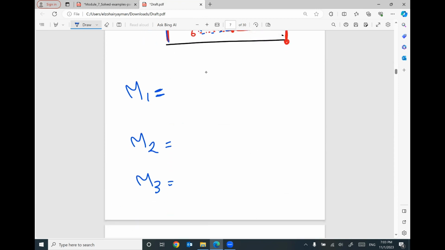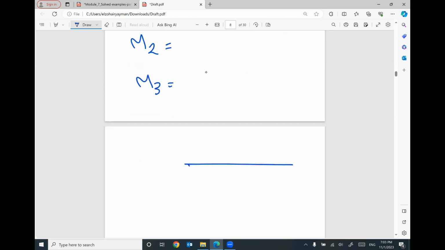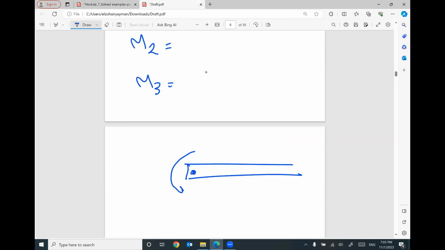M1, it's not equal 0. M1 will equal 0 if you don't give it anything here. But looks like we have a reaction at the beginning of the beam equal MA equal 27, looks like this. So we already have a moment at this end.